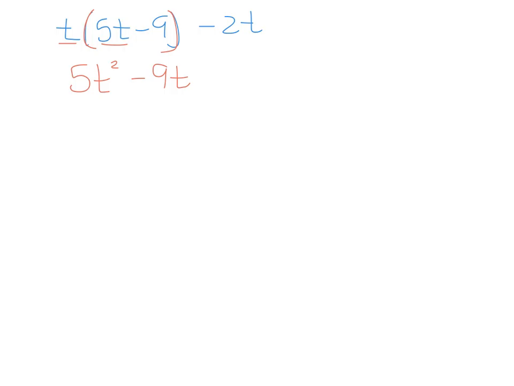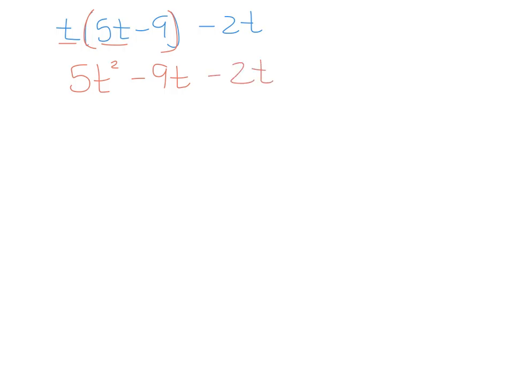For the third problem, let's do t times 5t minus 9, and then minus 2t. So now I'm distributing again, but just distributing into the parentheses. So t times 5t is 5t squared minus 9t, then minus 2t.